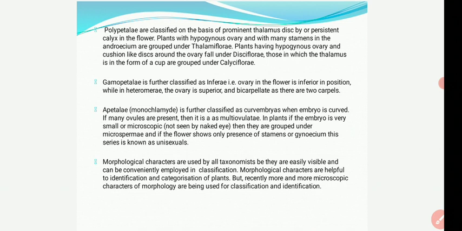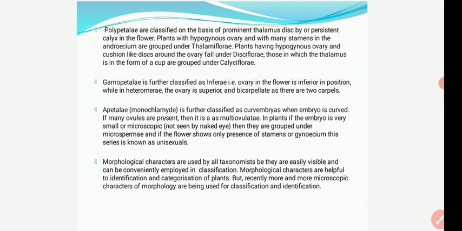If many ovules are present, then it is known as multiovulatae. If the embryo is very small or microscopic, then they are grouped under microembryae, and if the flower shows only the presence of stamens or gynoecium, then this series is known as unisexuales.